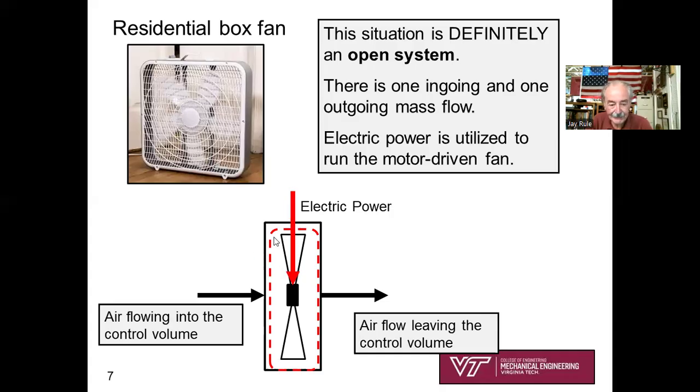I'm drawing my control surface dash line, and I'm showing an arrow going into the back of the box fan, air flowing in, air flowing out the front of the box fan to keep me cool. So that would be a decent hand-drawn sketch if this were a homework problem to analyze. Open system, classic open system, easy to analyze.